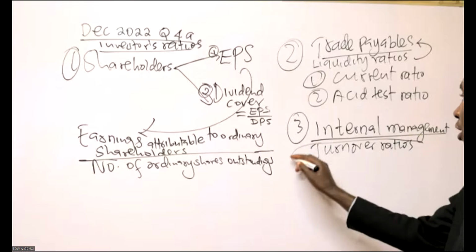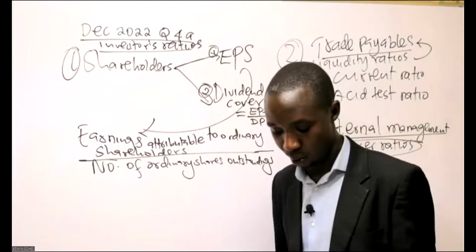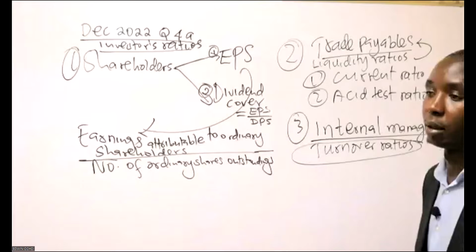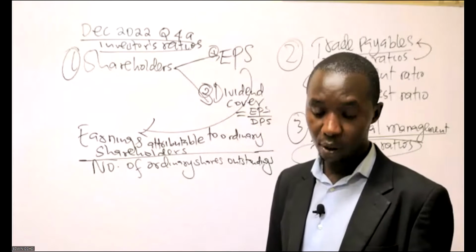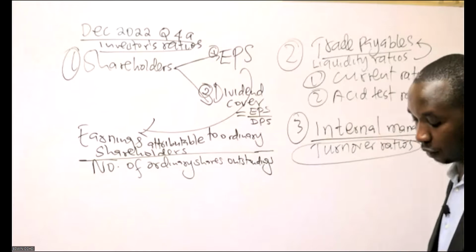Because the turnover ratios tell the company if it has the ability to utilize its assets for the purposes of obtaining efficiency in management of assets of the business.